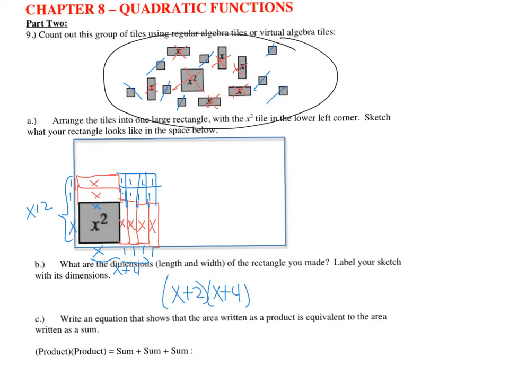So the product of x plus 2 times x plus 4 equals x squared plus 6x plus the 8.